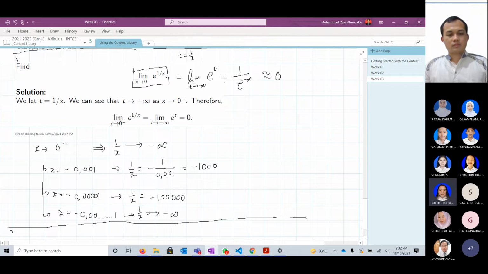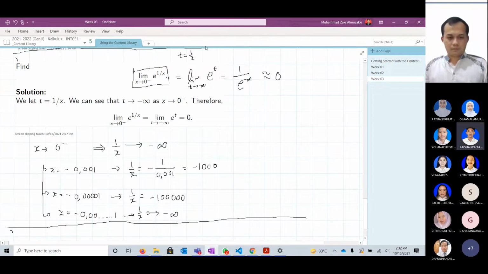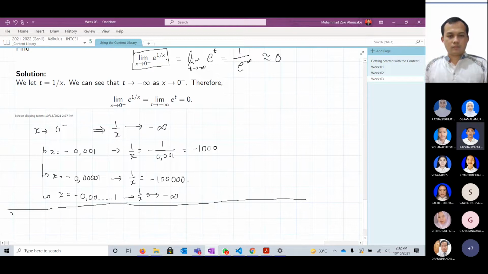Berarti itu pakai pemisalan ya, Sir? Iya. Di sini misalkan t sama dengan 1 per x ya. Berarti kalau kita tahu x menuju 0 dari kiri, berarti t akan menuju negatif tak hingga, seperti itu. Bisa dipahami? Bisa, Sir.